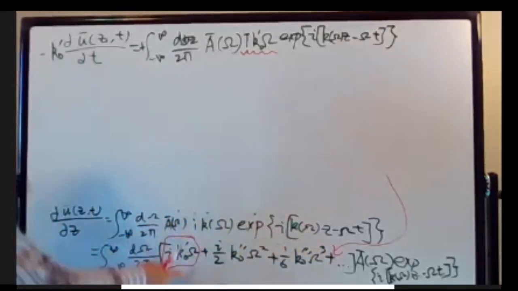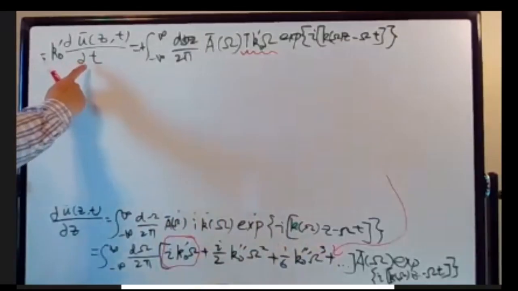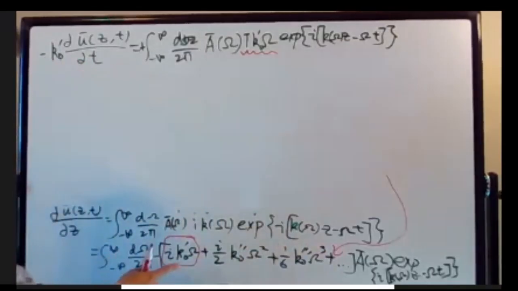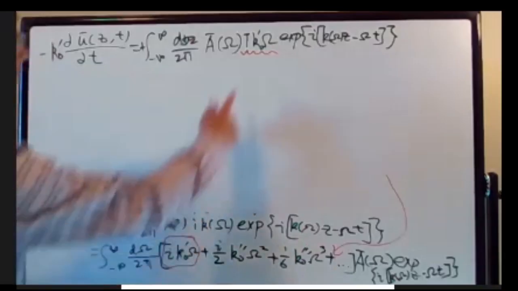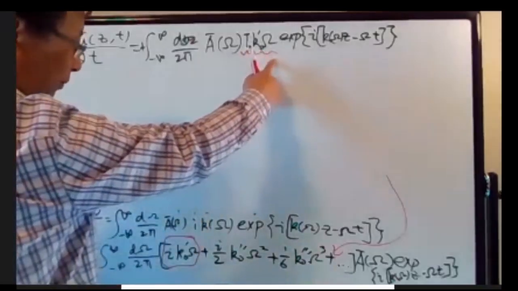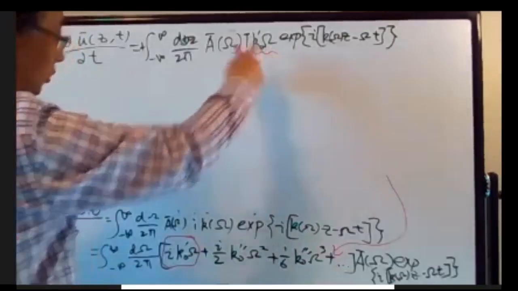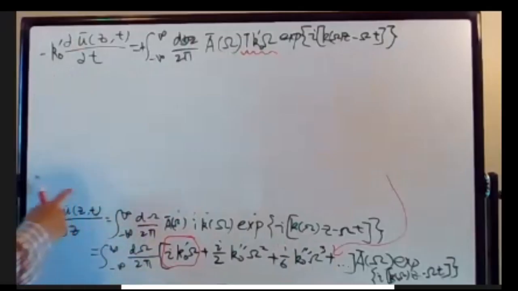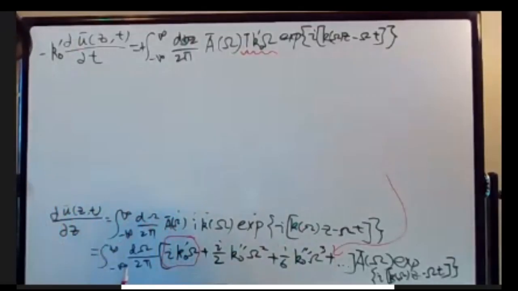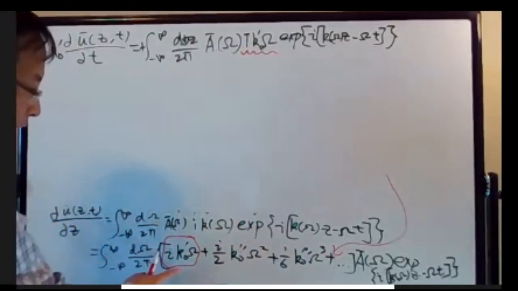The first piece is the derivative with respect to t, because I want to have the i capital omega. So I got i capital omega, and now we can write du dz as du dt.